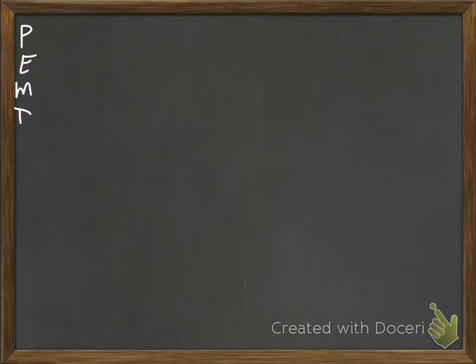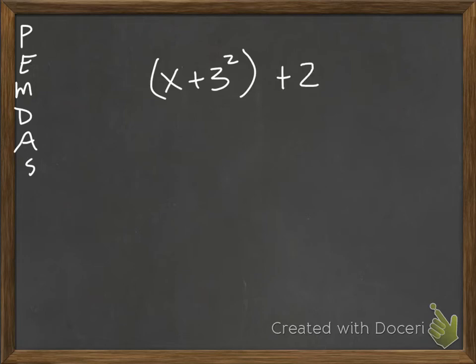So I'm just going to keep this over to the side. If I had something like this, let's say x plus 3 squared plus 2. Or instead of x, I'm going to make this a number, so you can see it better. So we have 4 plus 3 squared plus 2.